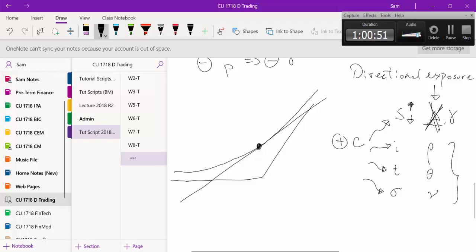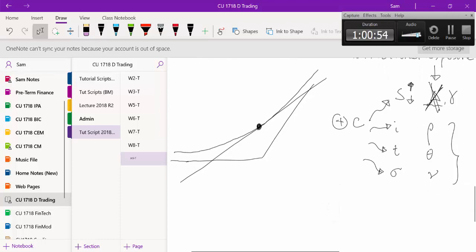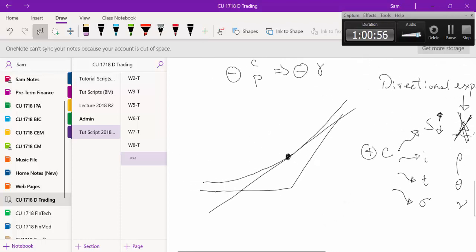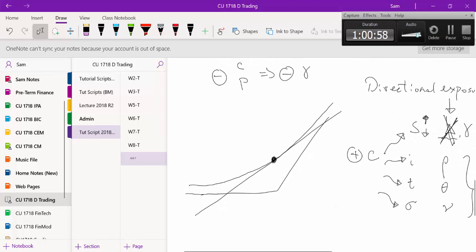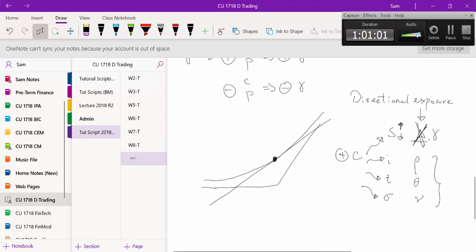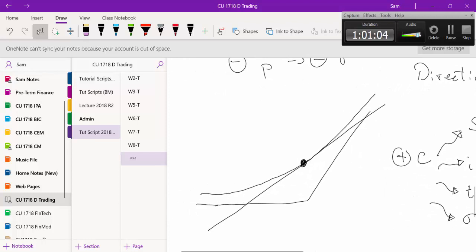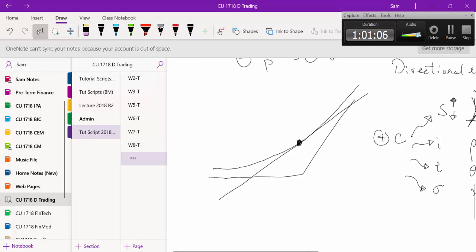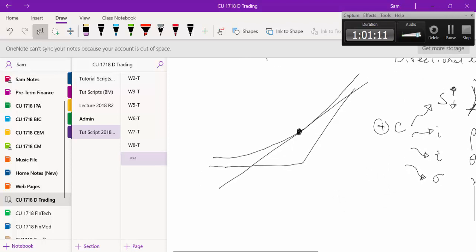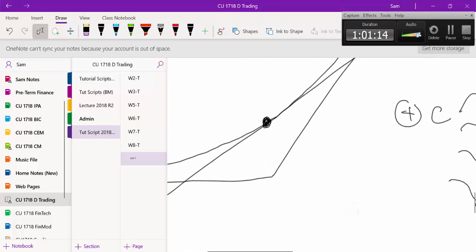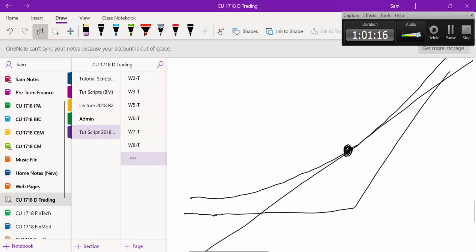Now, what are you doing when you are hedging an option? I want to magnify this, okay? So if you are long a call option, and as the underlying is moving up, you are making money.